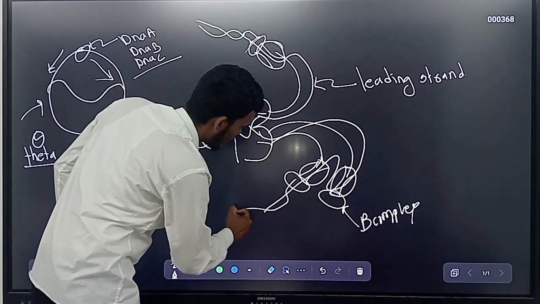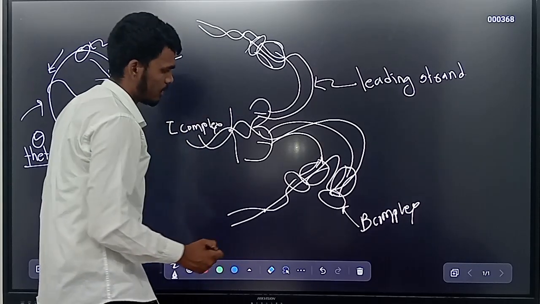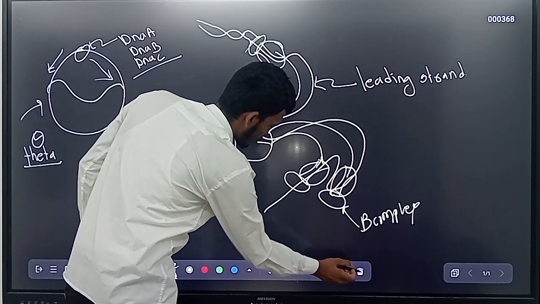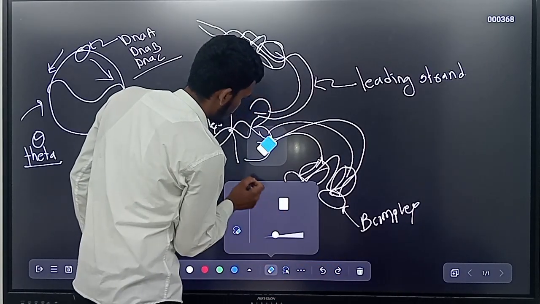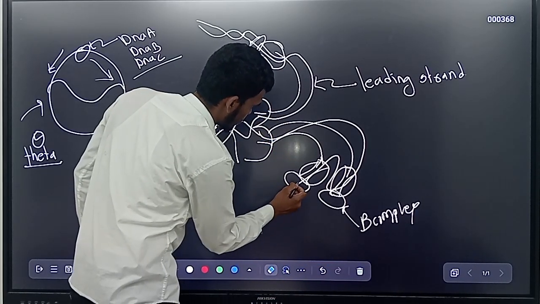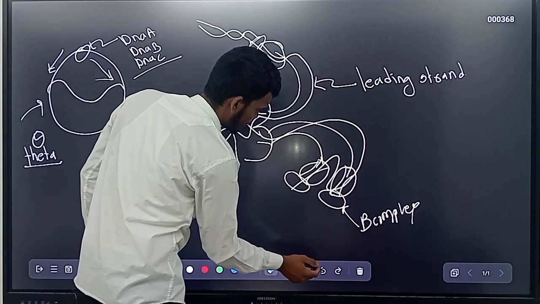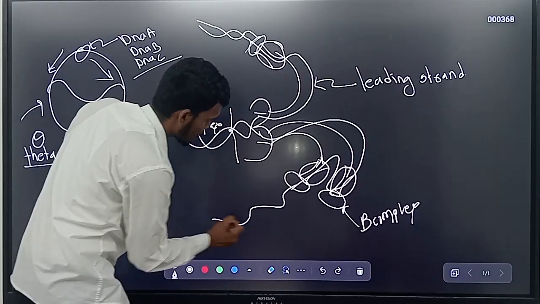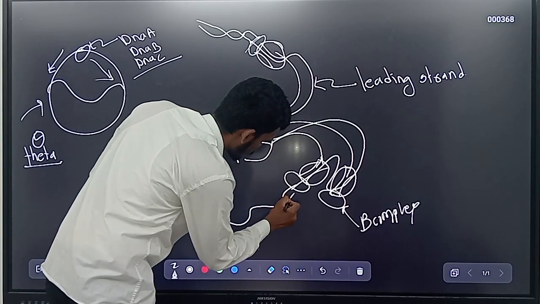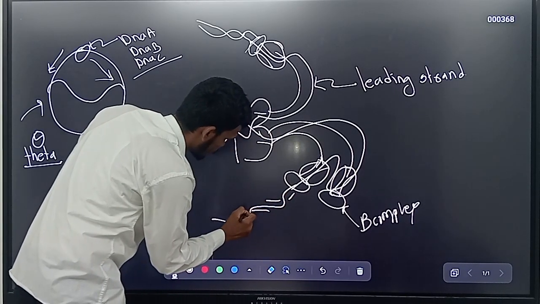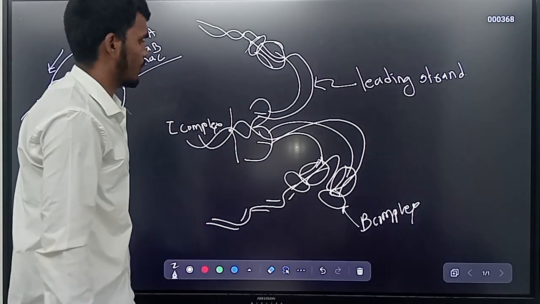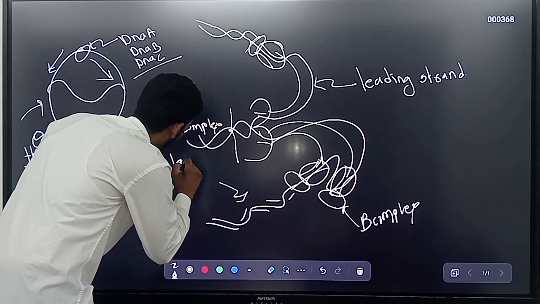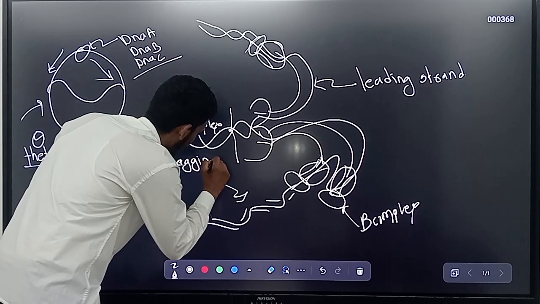One of the strands will go through this way, and here it will get formed again into a daughter DNA of double-stranded helical structure. This is the leading strand. I will mention why leading strand, why lagging strand. These are also some important concepts.